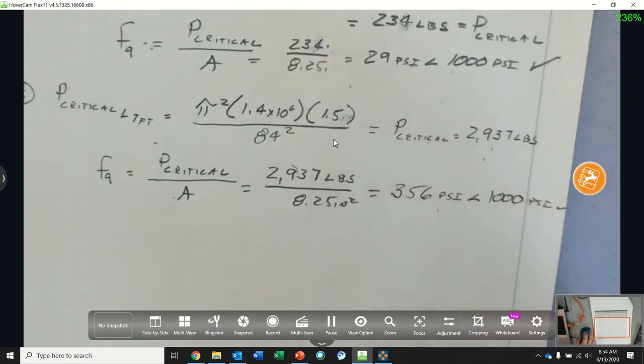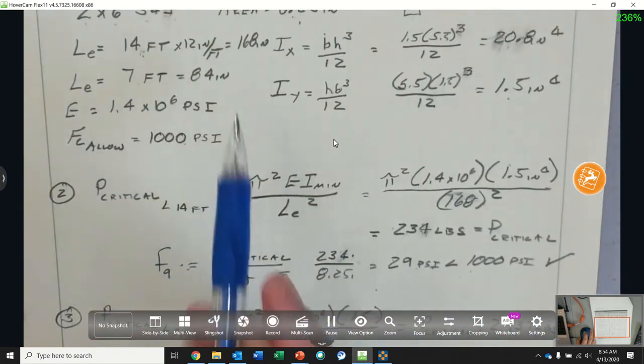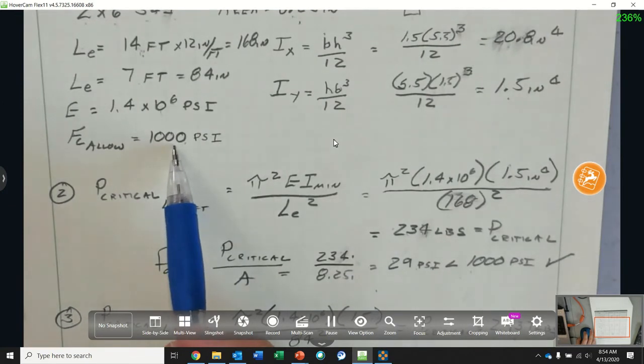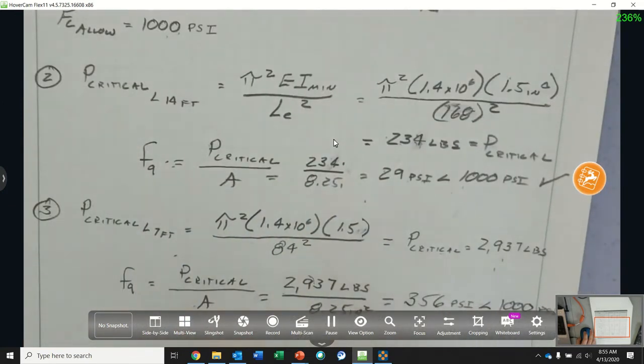So we're good. Because remember, our allowable stress from code tables was 1,000 psi. So as long as we're less than or equal to, we're good.